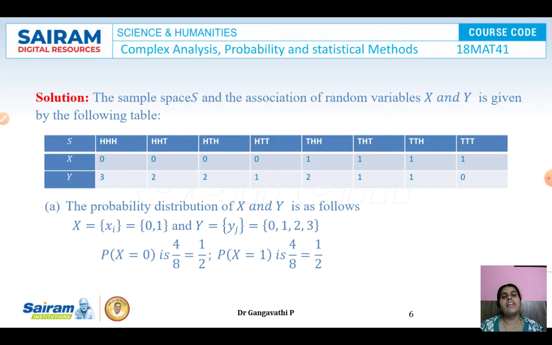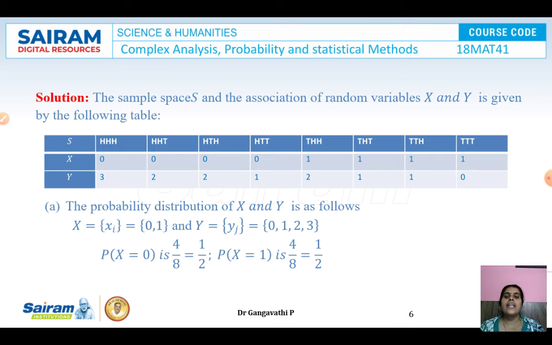In another way, you can remember that when we toss a coin, there are 2 outcomes, head and tail, and the same coin has been tossed 3 times. So 2 to the power of 3 is the total number of outcomes. 2 to the power of 3 is 8. So there will be 8 outcomes, and all 8 outcomes have been tabulated here.